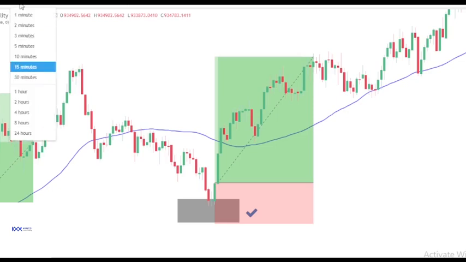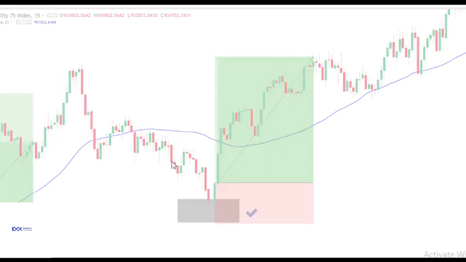If I switch to a higher time frame like 1 hour, I want to share this with you because it is very important. Even after learning this strategy, and knowing that it works well, you still have to be patient and wait for the price to come to you.